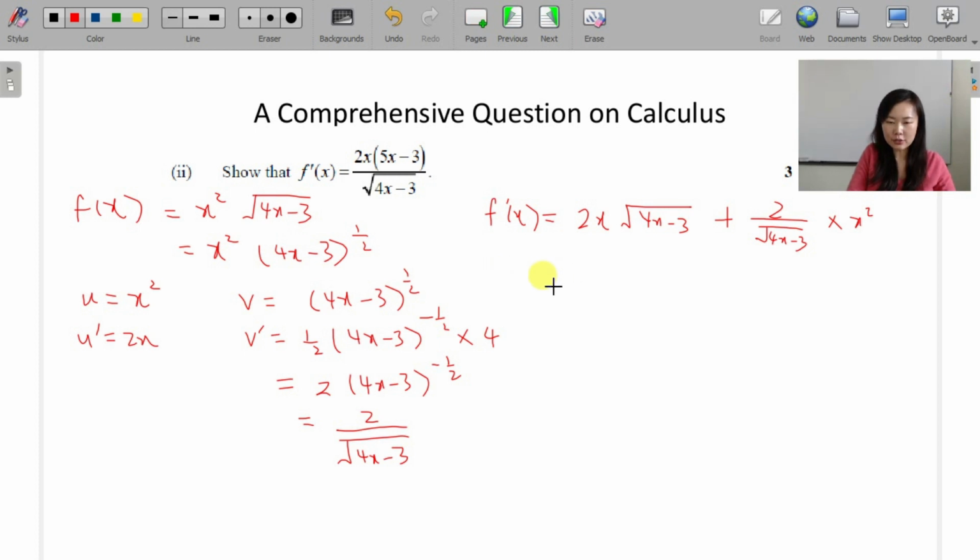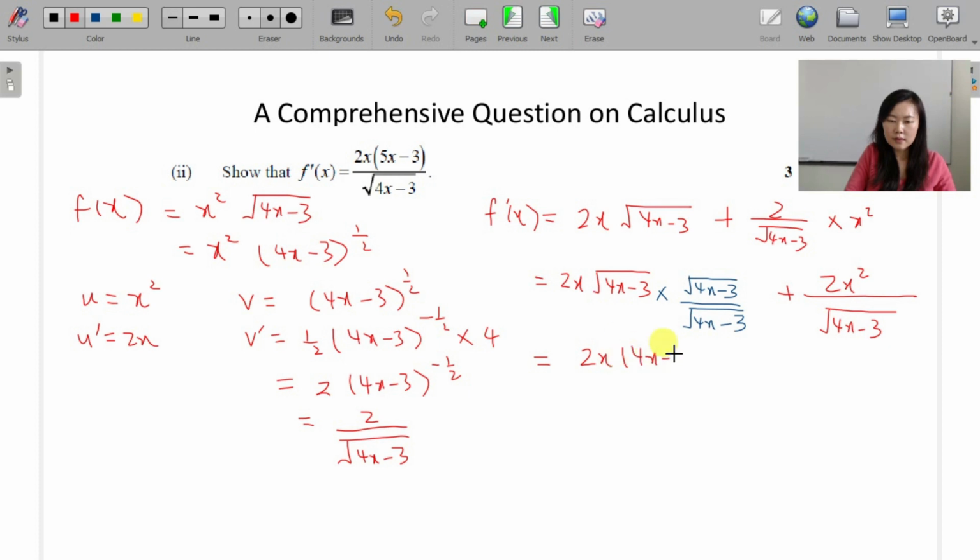Okay, so now we try to simplify this. Now you need to make this one fraction, right? Because the final thing is one single fraction. So you need to multiply this to the top and bottom. And now you can add it, yeah, because they have a common denominator.